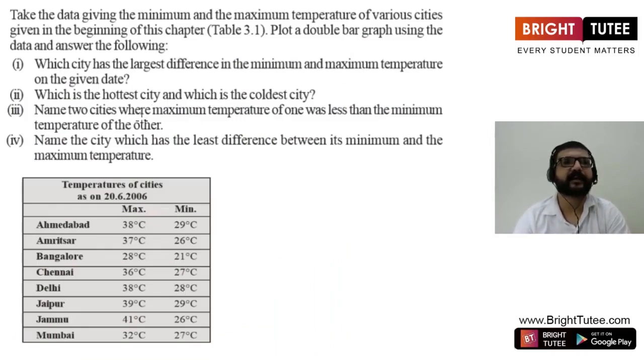Now here is the last question of this video. The question is, take the data giving the minimum and the maximum temperature of various cities given in the beginning of this chapter, which is shown here in this table, table 3.1. We have to plot a double bar graph using the data, and we have to answer these questions. The first question is, which city has the largest difference between the minimum and the maximum temperature of the given date?